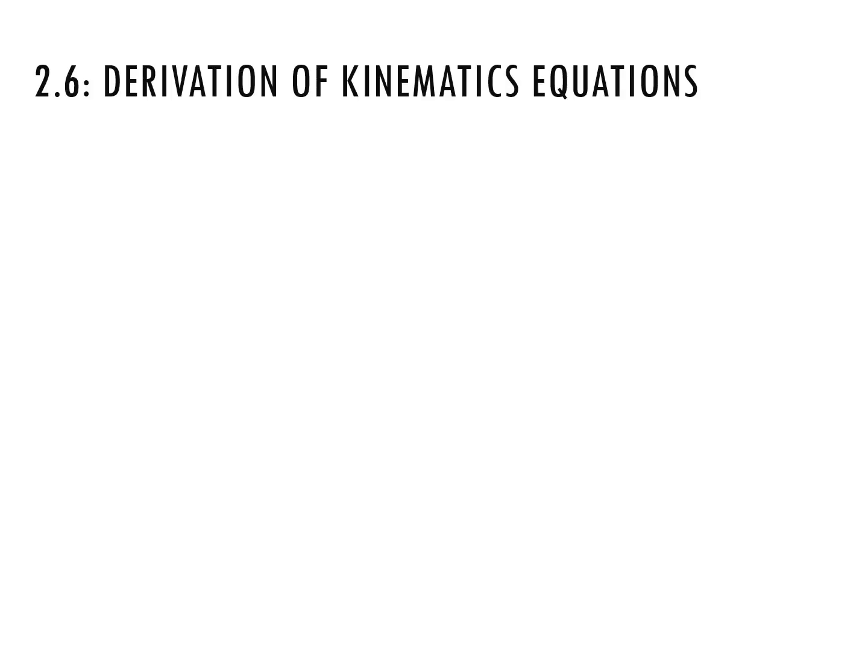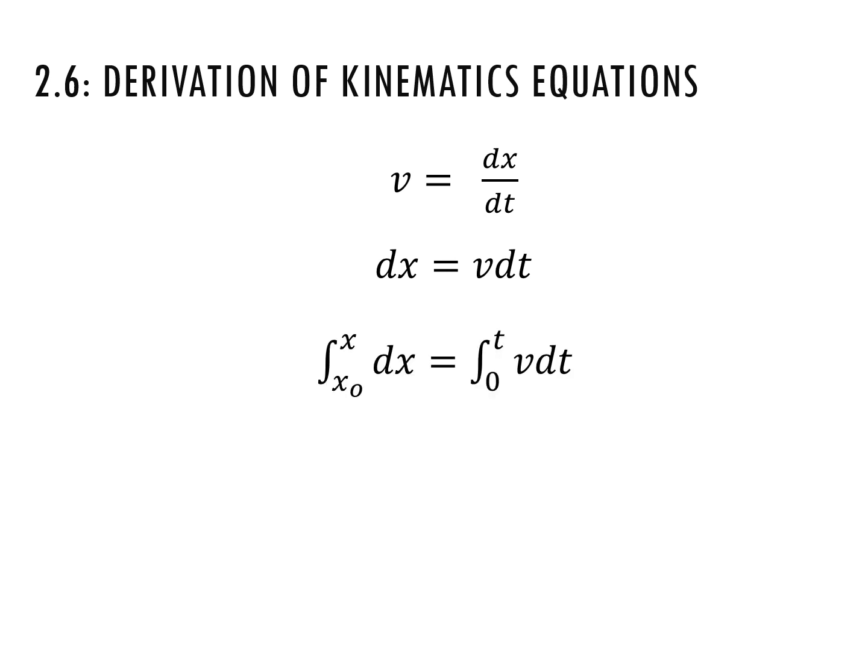By definition, instantaneous velocity is the derivative of displacement x with respect to time t. Rearranging the equation gives dx equal to v dt. Remember, integral is antiderivative. I have the derivative of x and I want to get x. So let's take the antiderivative of the whole equation.